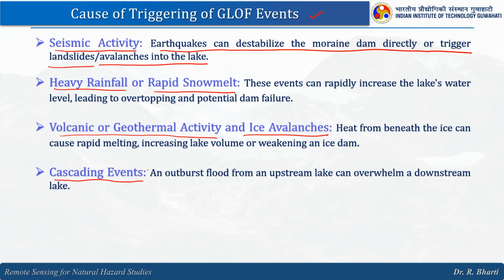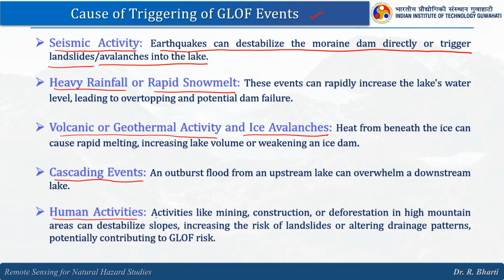Cascading events we have understood in the previous slide. Human activities like mining, construction, deforestation in high mountain areas can destabilize slopes, increasing the risk of landslide or altering drainage patterns, potentially contributing to GLOF risk.